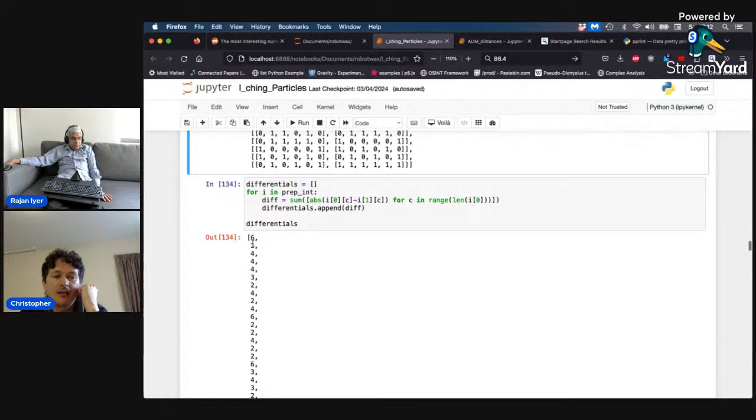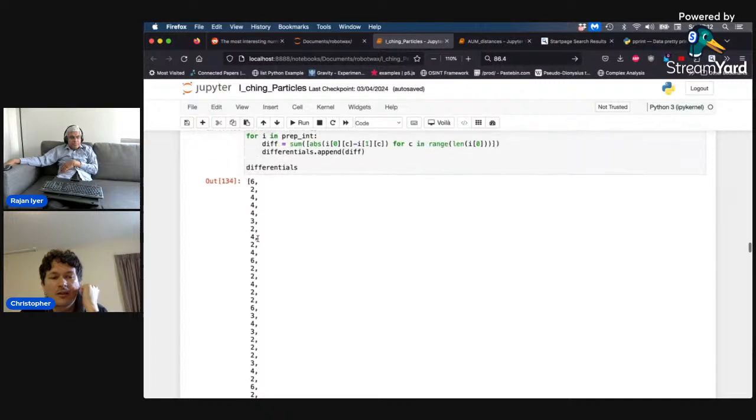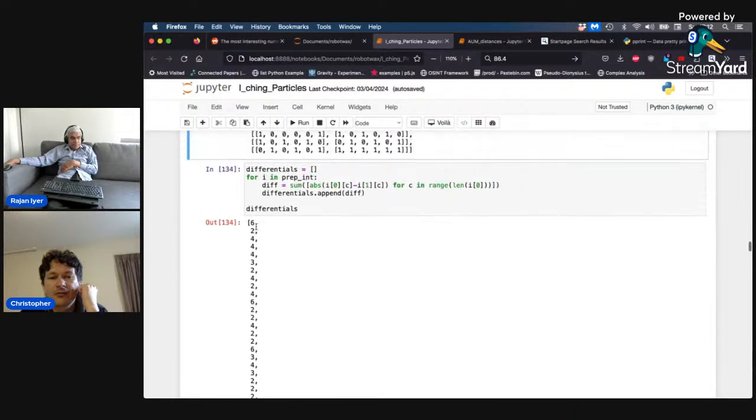As you can see, this is based on work by Terence McKenna. He was the first to do this. The one observation he made early on was that the maximum number is 6 and the minimum is 1, but there's no number 5 difference.